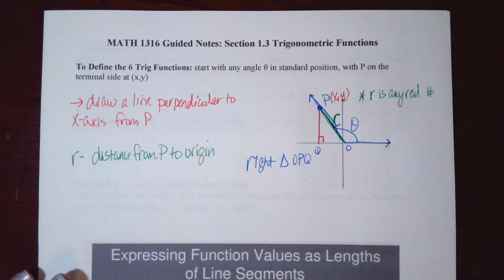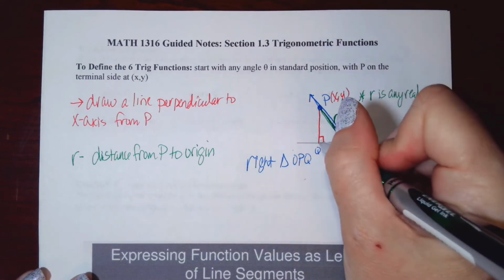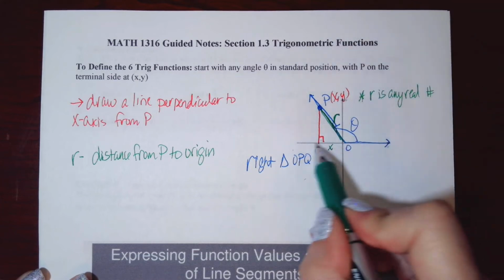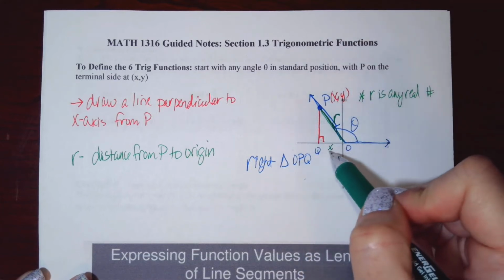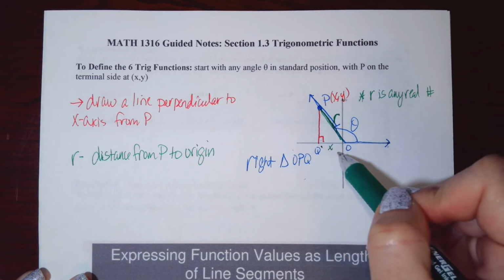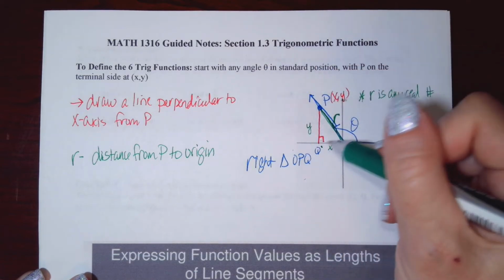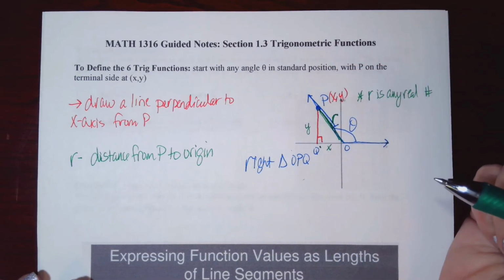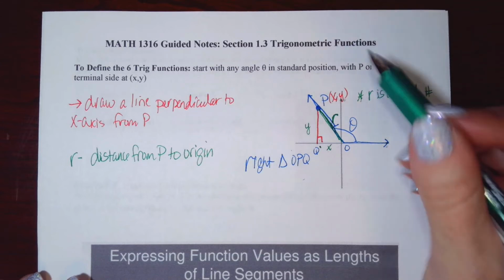Now, how do I figure out how long r is? Well, r is related to the coordinates xy, the distance out from the origin on the x-axis and up from the origin on the y-axis, horizontal and vertical shift.